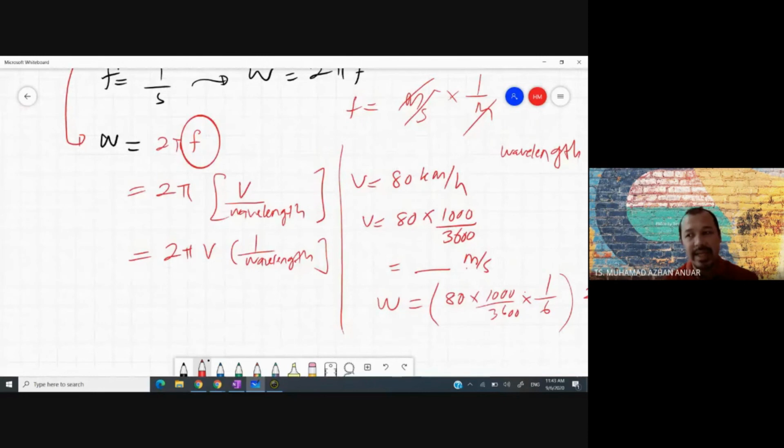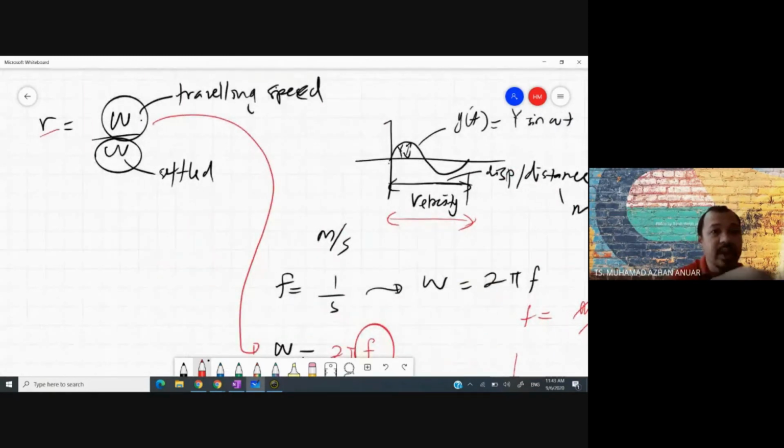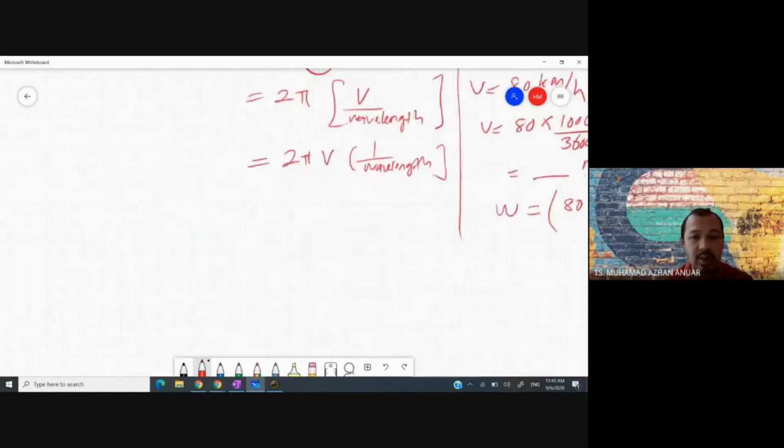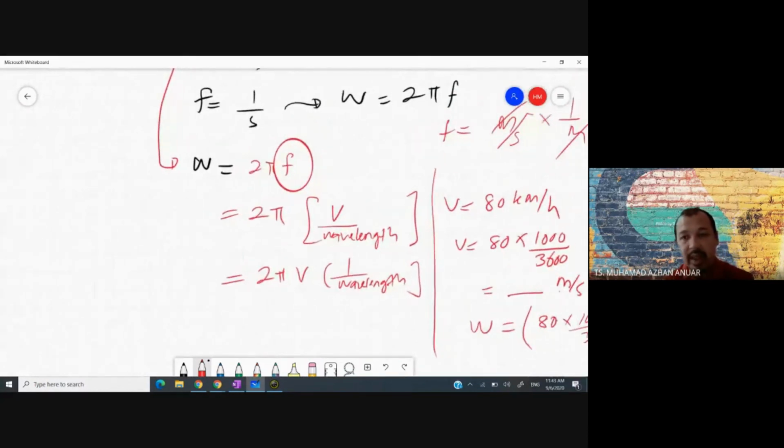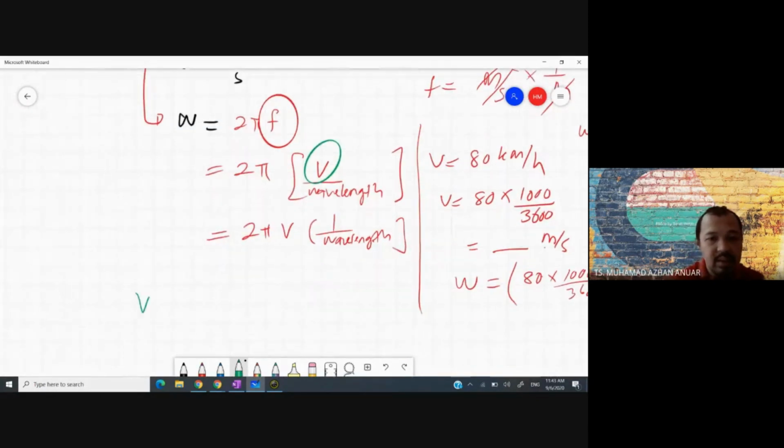So in order for us to increase the value of R, we can increase the value of omega. How to increase the value of omega? By increasing the speed here. If your speed is increased, your omega will also increase.